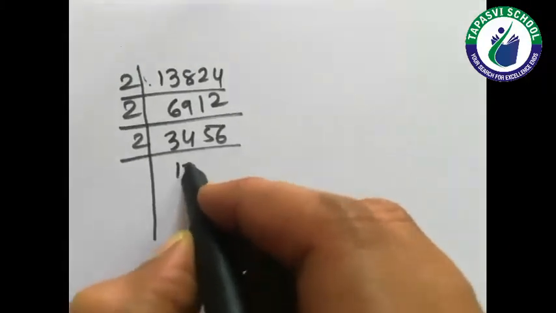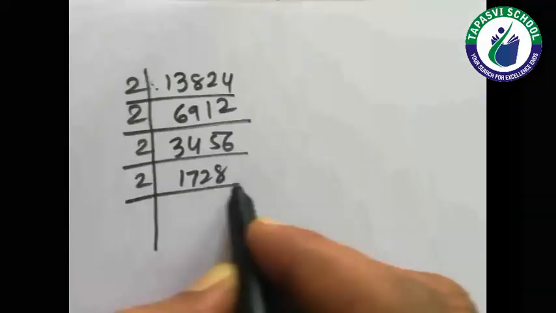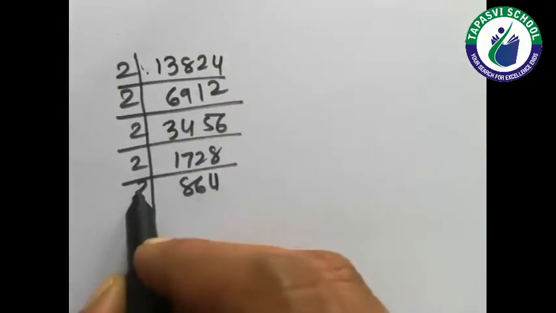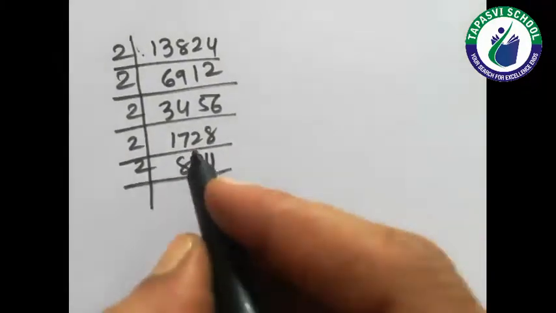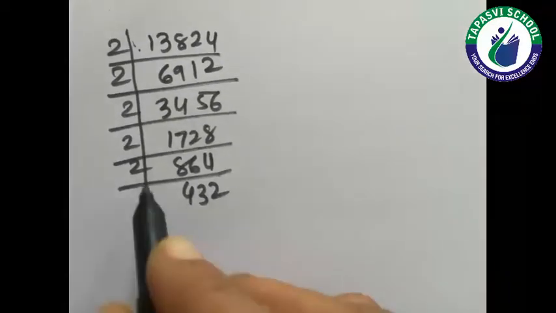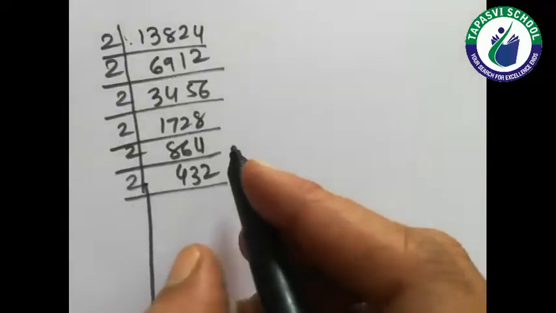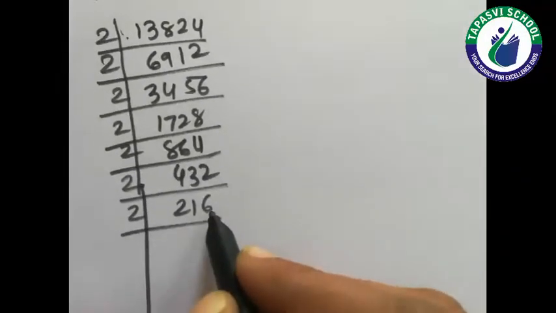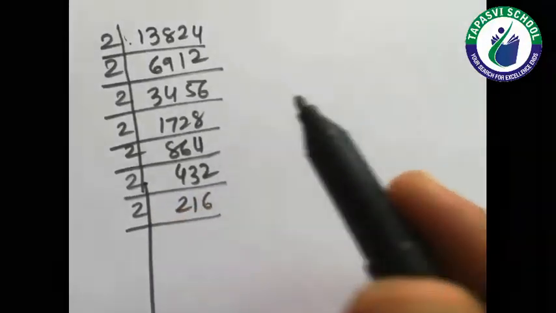Then 17,280. Divide it by 2. Then 8,640. Divide it by 2. Then 4,320. Divide it by 2. Then 2,160. Divide it by 2, as we are getting the last digit even.